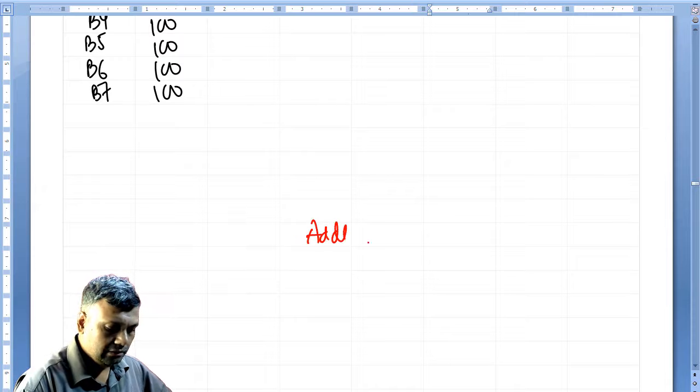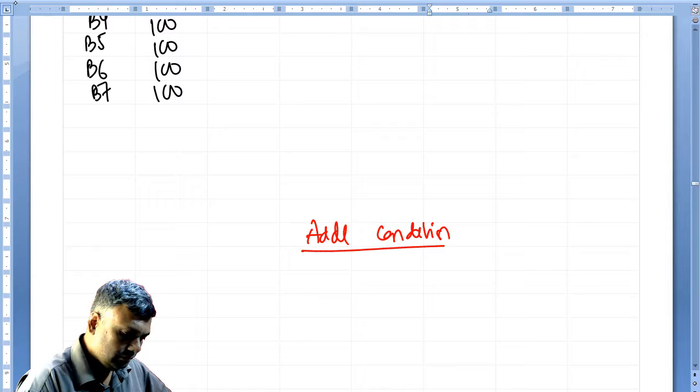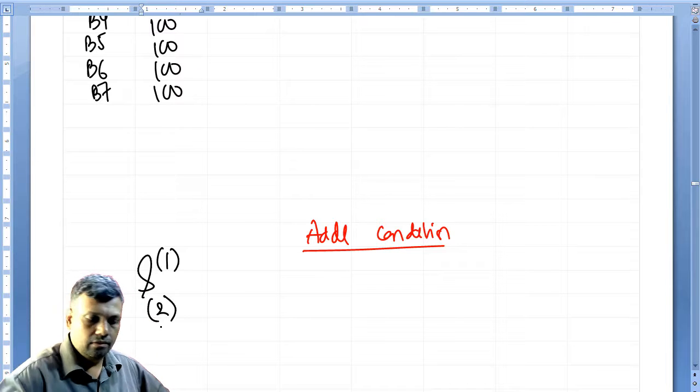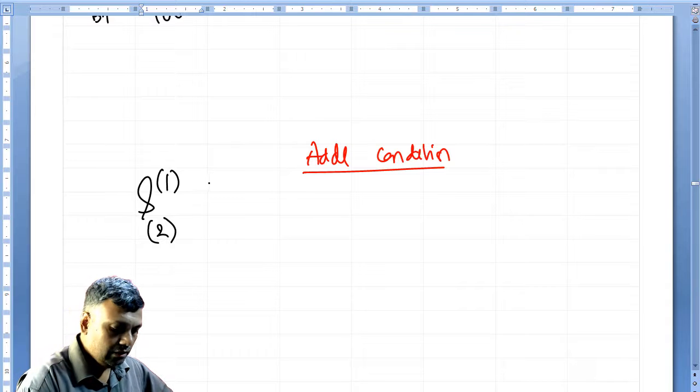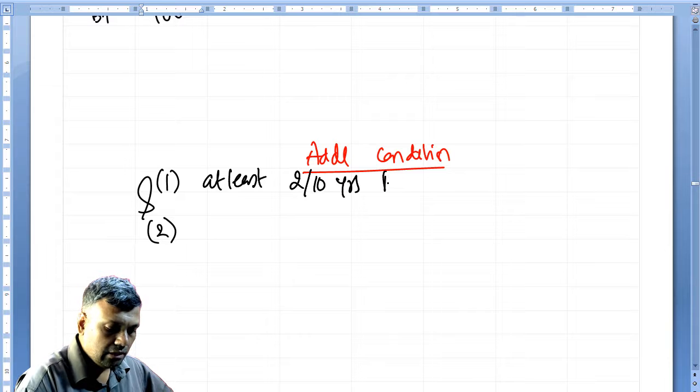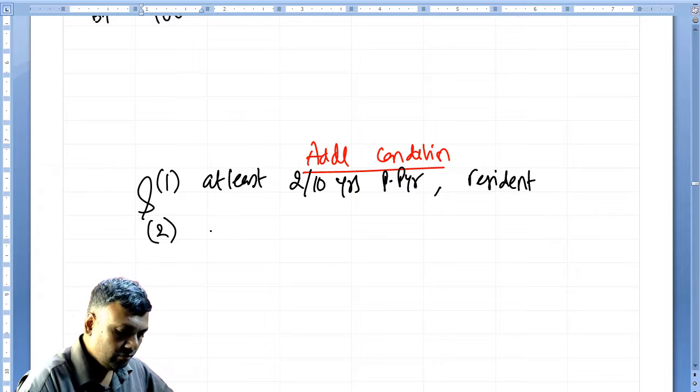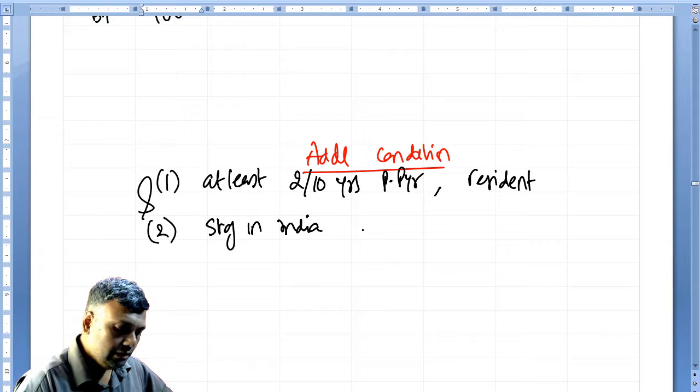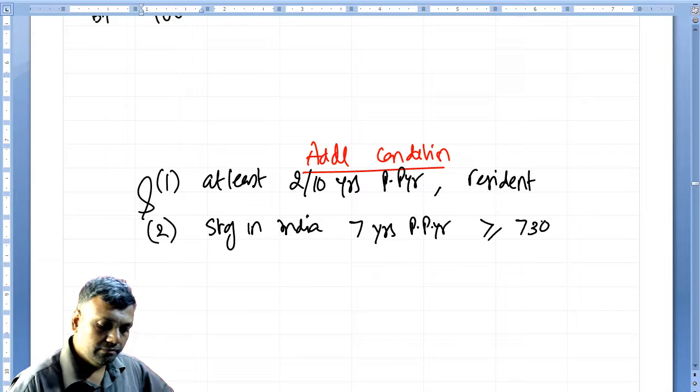Additional conditions, 1 and 2. Condition 2: at least 2 out of 10 years preceding the previous year, he should be resident in India, and stay in India in 7 years preceding the previous year to be greater than or equal to 730.